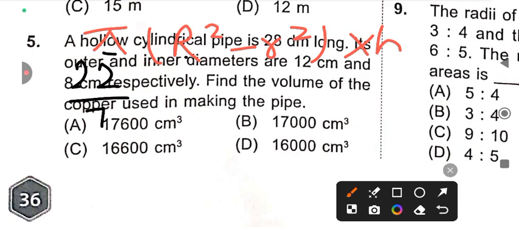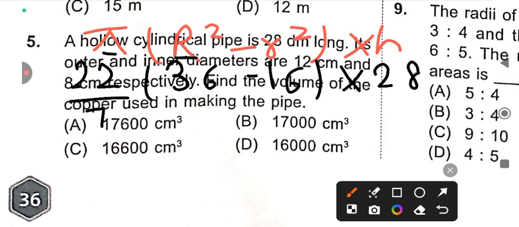R square is the radius of the outer circle, or you can say the whole base. So we found it as 6 square, that is 36, minus inner radius square, that is 4 square, 16, into height, which is 280.